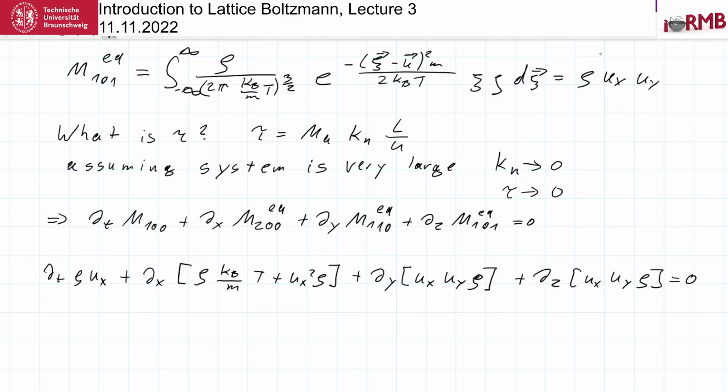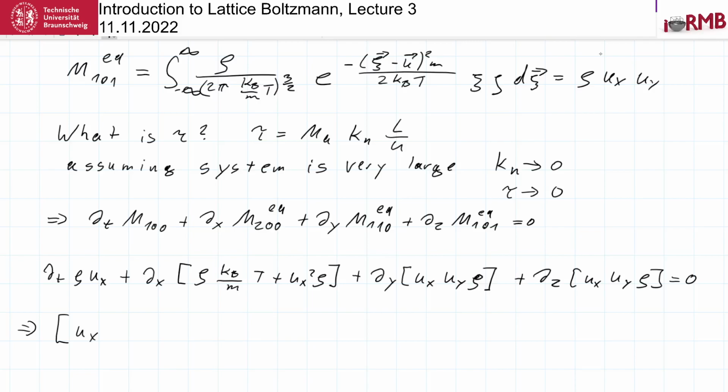For example, this guy here, we apply it first to the velocity and take the rho out. And this is a chain rule. So we have ux. No, I do it the other way around, sorry.